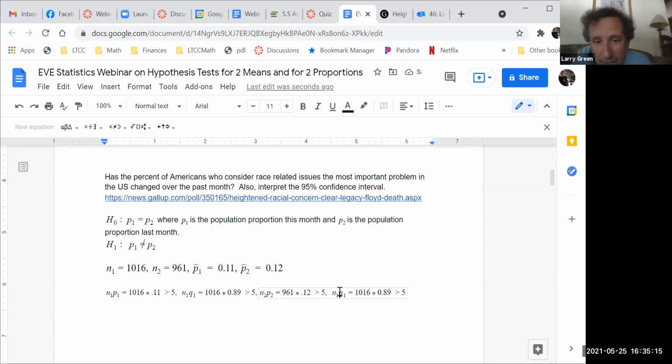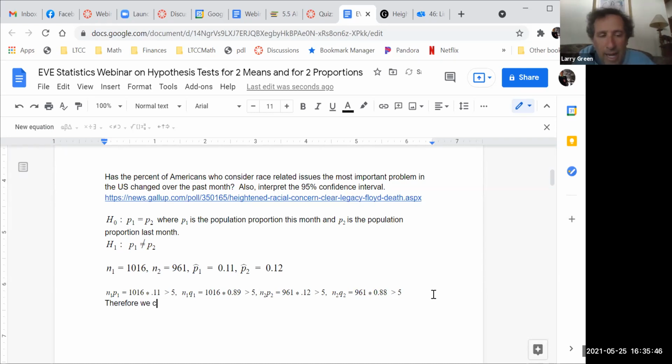And similarly, we're going to have an N2Q2, and that is not 1016, it's going to be 961. And it's not 0.89, it's 0.88. And they're all bigger than 5. Any questions on this little bigger than 5 thing?